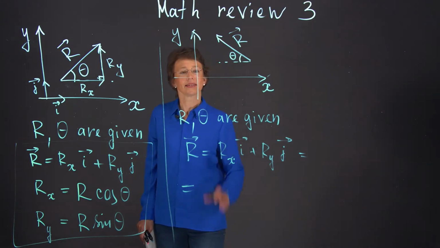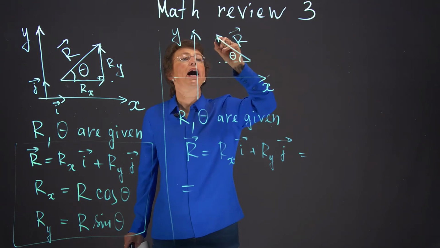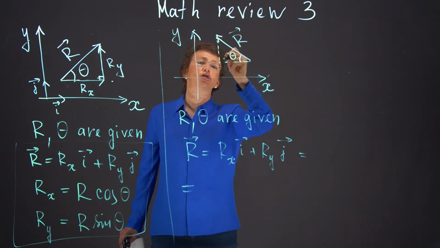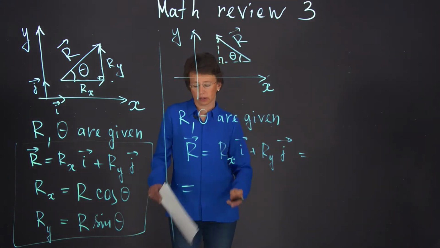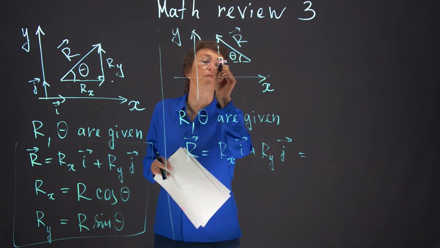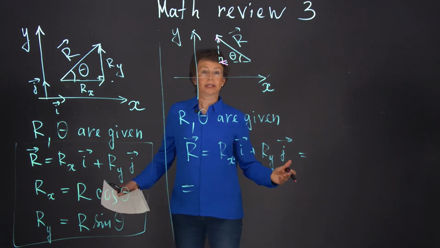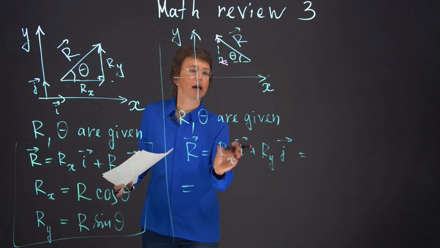Are you back? Then let's compare our notes. What I would do, I would find my favorite right triangle. In this case, I just draw a line perpendicular to X, and this is my right triangle. Next, I understand that this vector R is a vector sum of this vector plus that vector. Do you understand that? Yes. So what is r sub x?